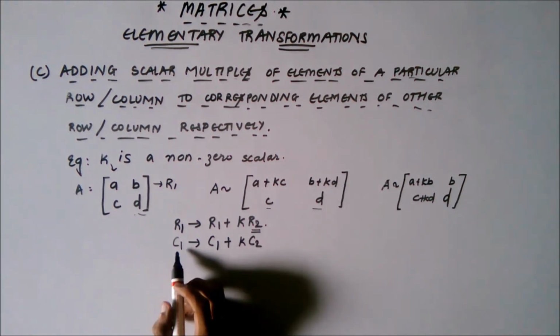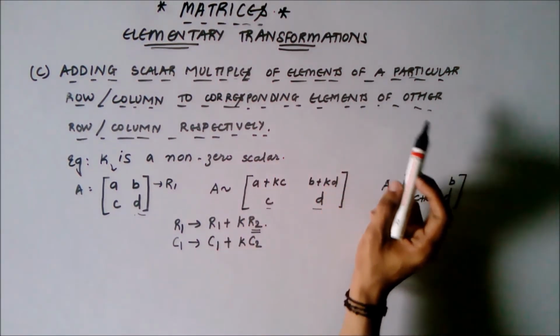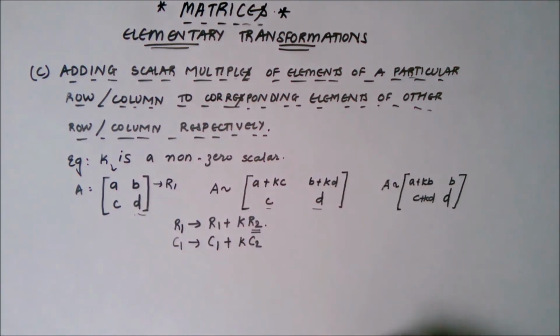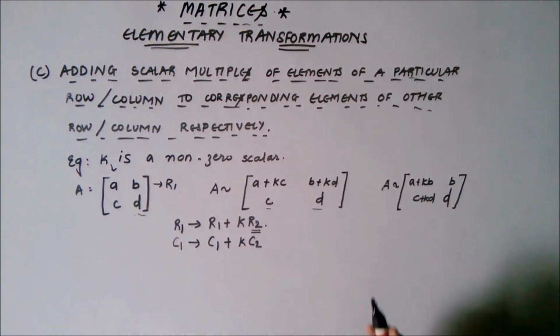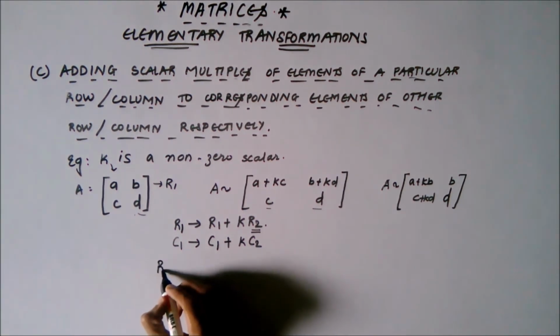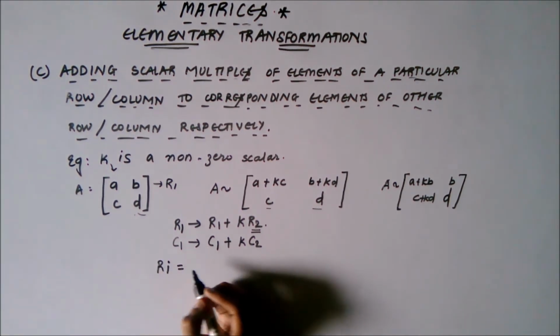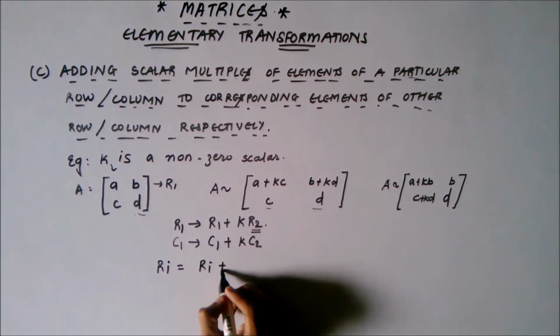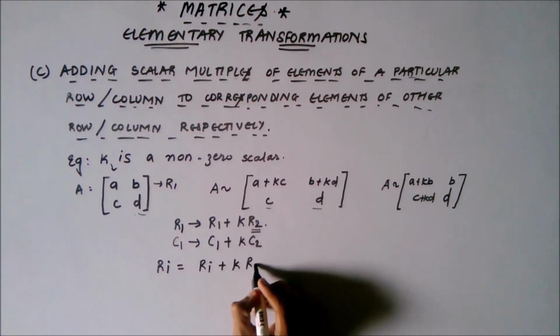So, in general, adding a scalar multiple of elements of a particular row or a column to corresponding elements of another row or a column respectively can be represented as Ri becomes Ri plus K Rj.